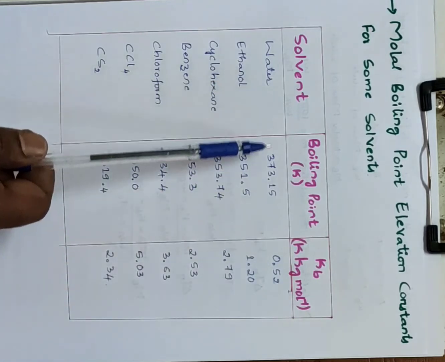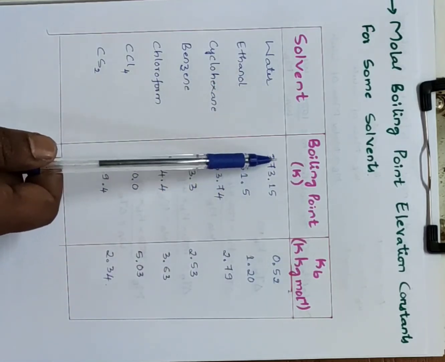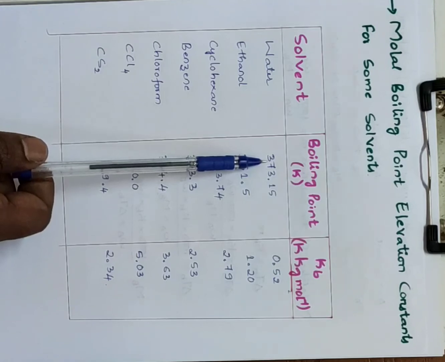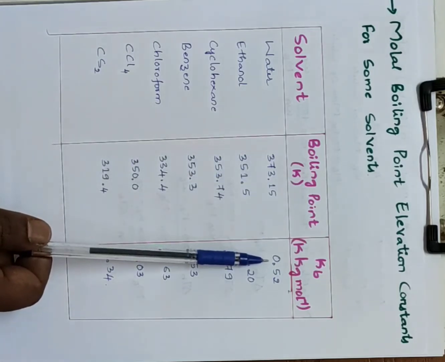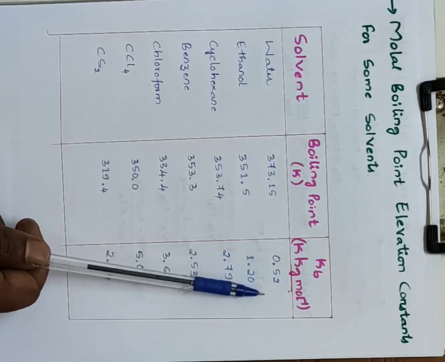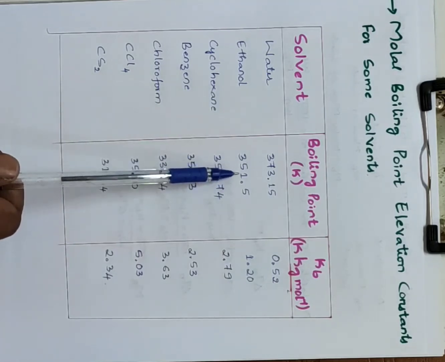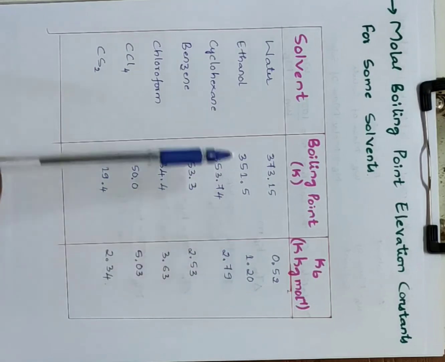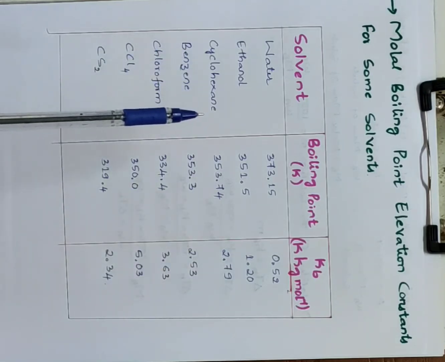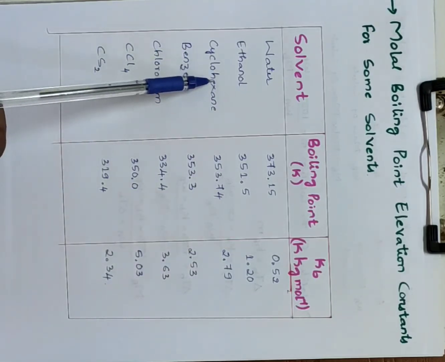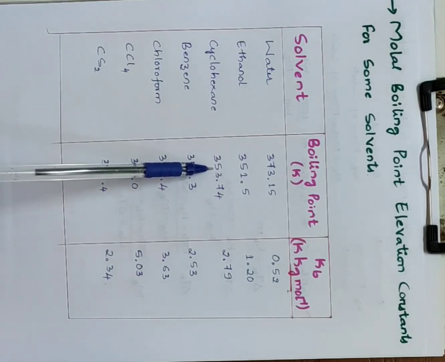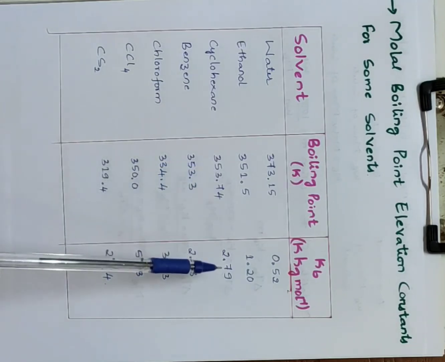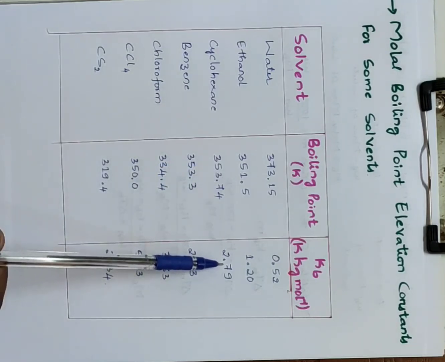For water, it boils at 100 degrees Celsius, that is 373.15 Kelvin, and its Kb value is 0.52. Ethanol: 351.5 is the boiling point, and 1.20 is the molar boiling point elevation constant. For cyclohexane, the boiling point is 353.74 and Kb value is 2.79.